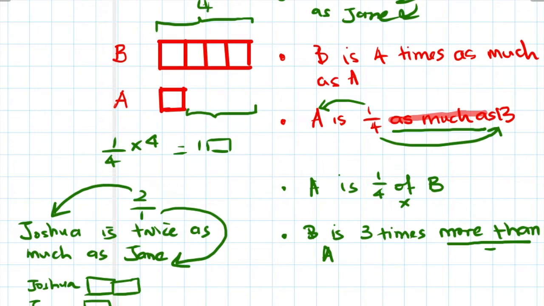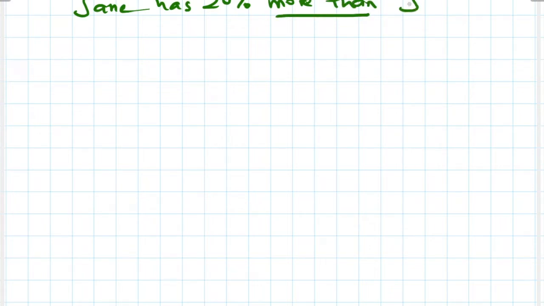Let me erase this. If I were to say something like Jane has 20% more than Joshua, remember, "more than". So how should I draw?